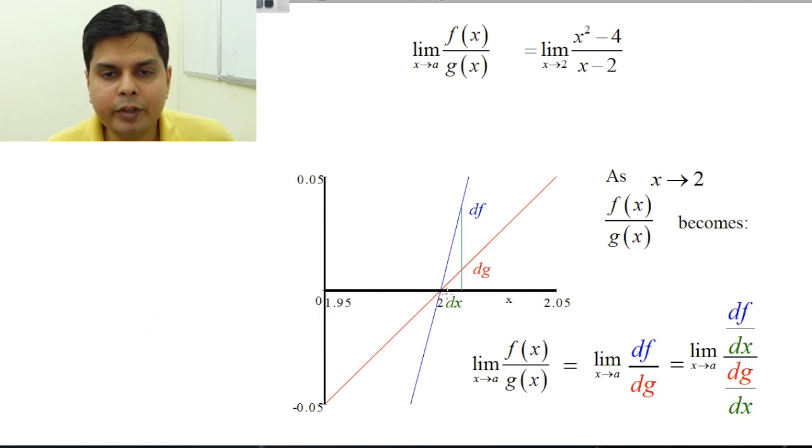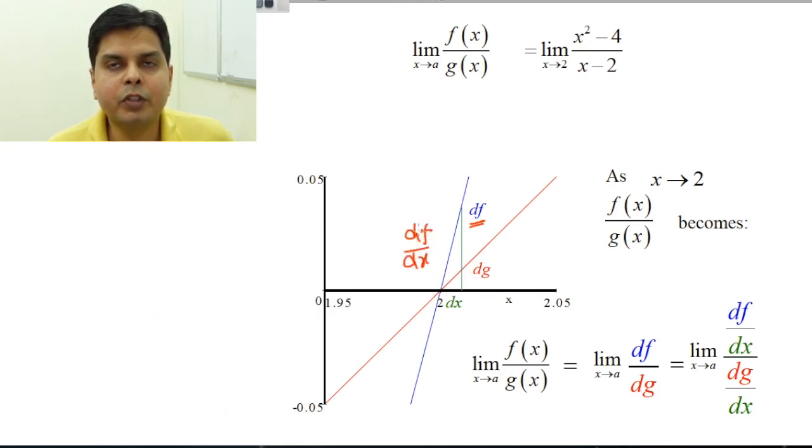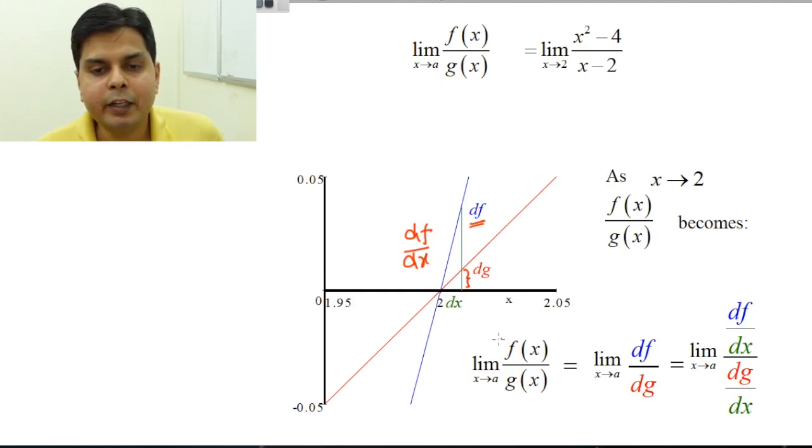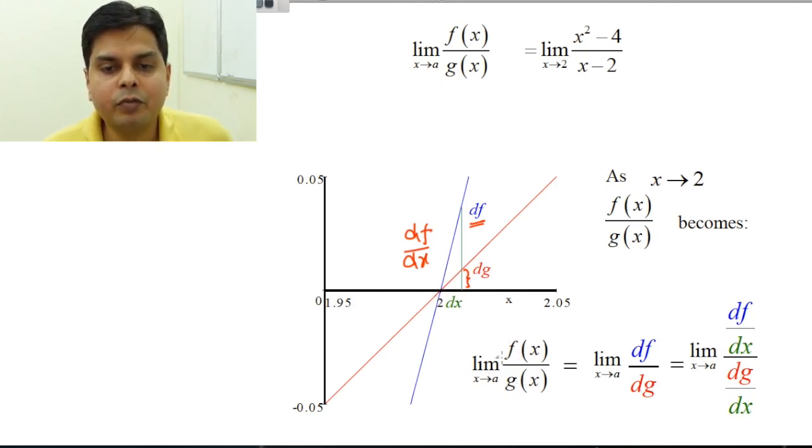I have gone a very small distance dx, so what will be this height? This height will be df, because the slope of this tangent is df by dx and this base is dx, so this will be df. Similarly this distance will be dg. So now what I can do is, for the limit x tends to a of f(x) by g(x), instead of working with f(x) and g(x), I can work with df and dg, and this will be exact.